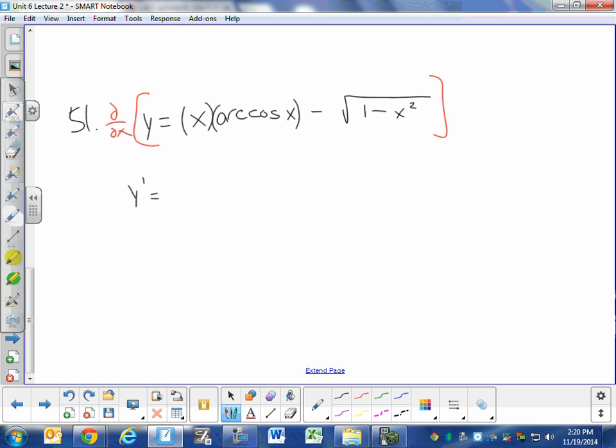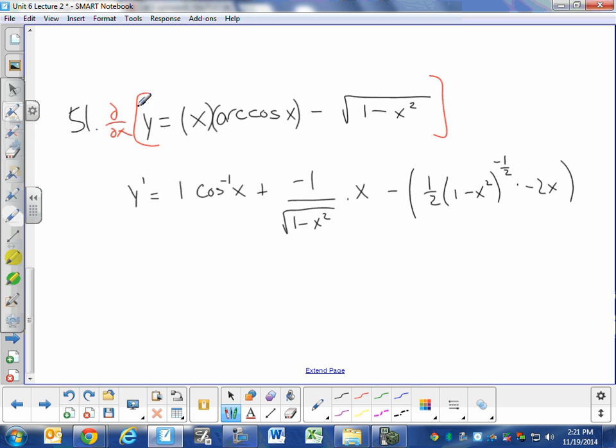I'll have f prime g, let's leave this cos inverse, plus g prime, that's negative 1 over root 1 minus x squared, times f. And I can take the derivative of this guy using the chain rule. So it would be minus whatever this derivative is, 1/2 (1 minus x squared) to the negative 1/2, times negative 2x. Now, this is the derivative.